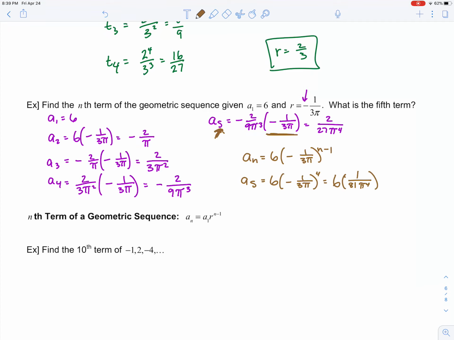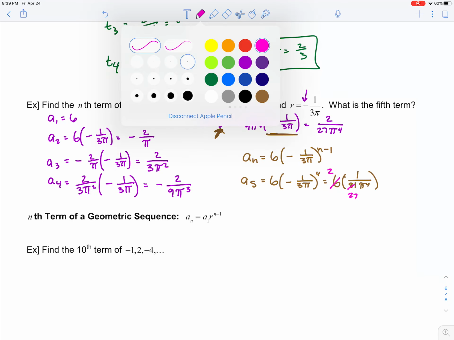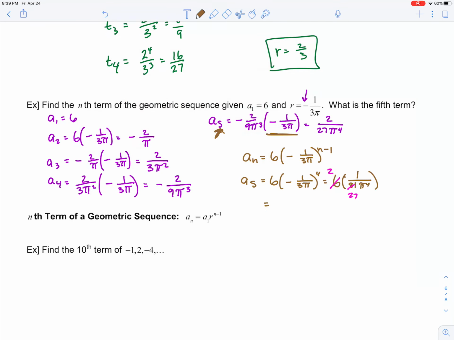We can reduce 6 over 81. They both contain a factor of 3. So this becomes 2, this becomes 27. So it does look like we get the same thing, which we should have expected. It's not a surprise. It's just interesting to note how much easier I think it was to just find a single term once we have the formula for the nth term.